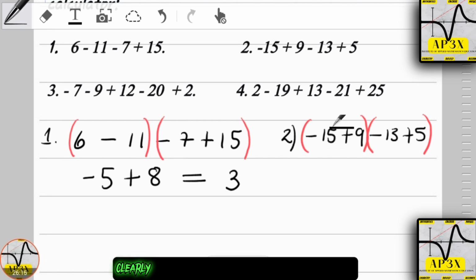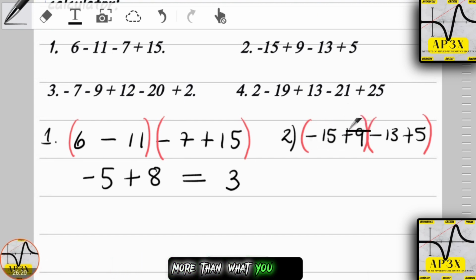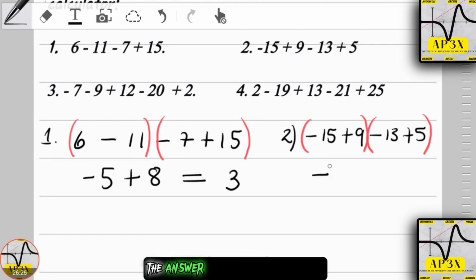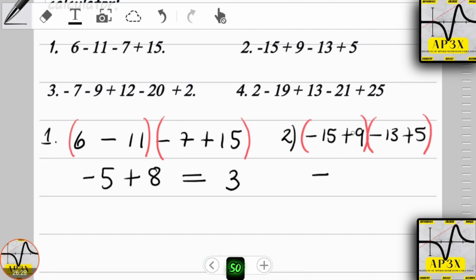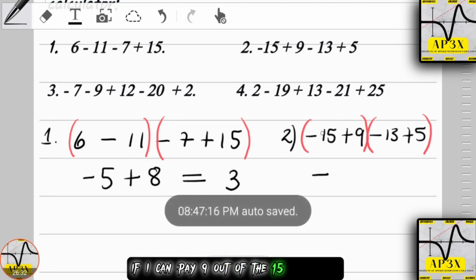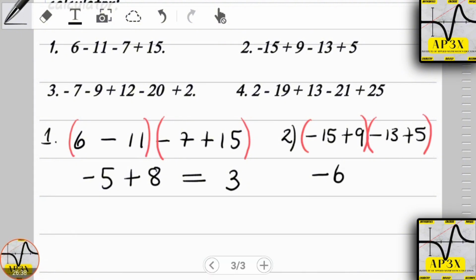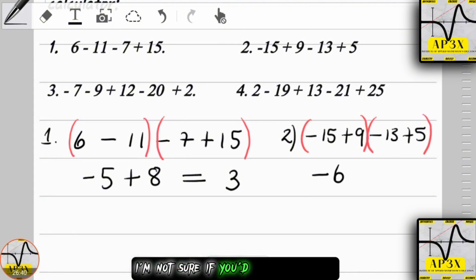So clearly you can see that you would have owed more than what you have. So that simply means that you're still going to be owing, and because you're still owing, the answer is going to be negative. So if I can pay 9 out of the 15 that I owe, then mathematically I would still owe 6. I'm not sure if you like that method.